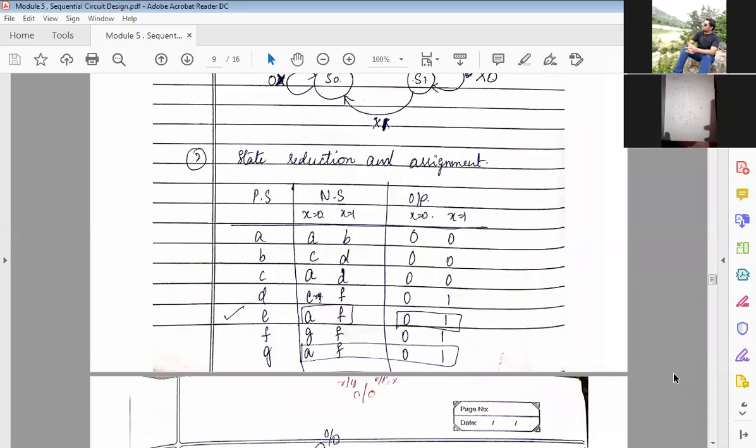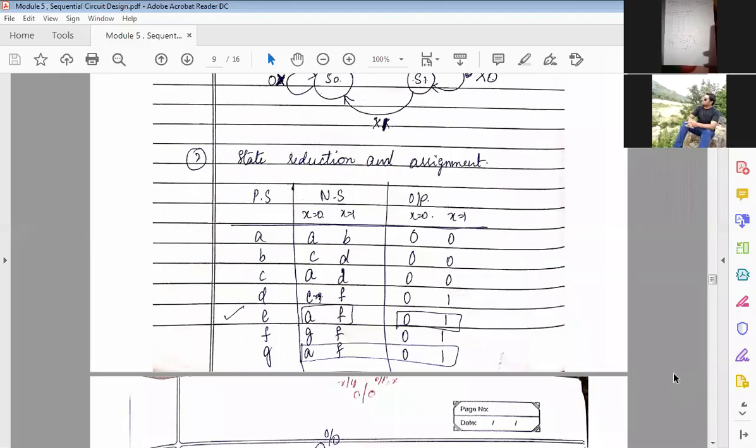Sir, when the input is 0 and output is also 0, it will be in the same state, A. And when it is 1, we go to the next state, that is B. And at B, if we have the input as 1 and output as 0, we go to the next state, that is D. Okay.